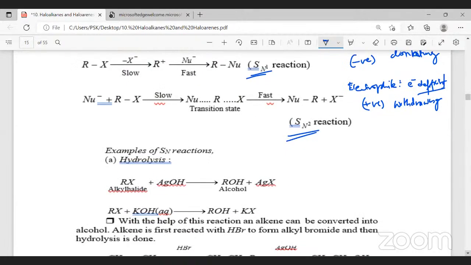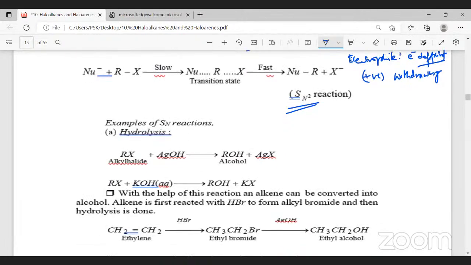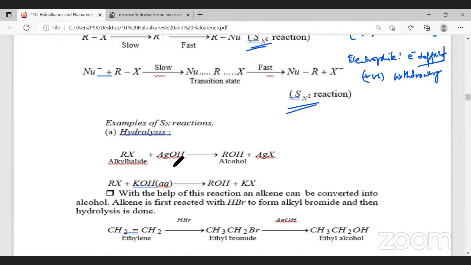Now coming to some of the simple reactions, nucleophilic substitution reaction, we learned hydrolysis. Alkyl halide, when allowed to react with silver hydroxide, silver and halogen gets eliminated as AgX. In place of X, what gets bonded? OH. Therefore, you get an alcohol.